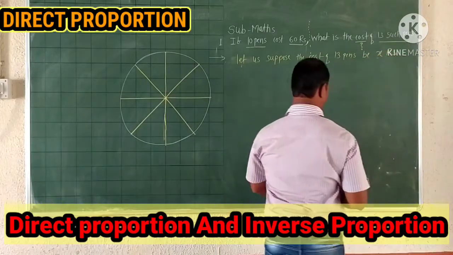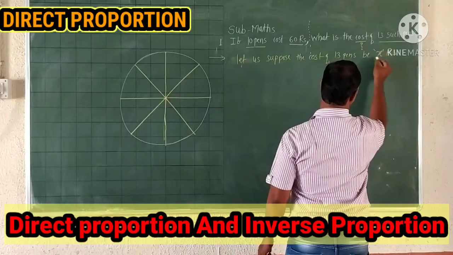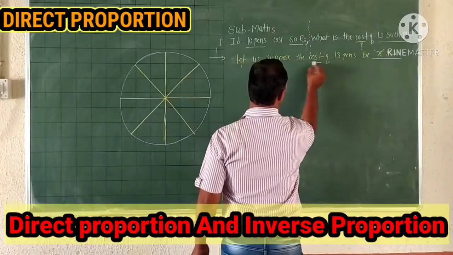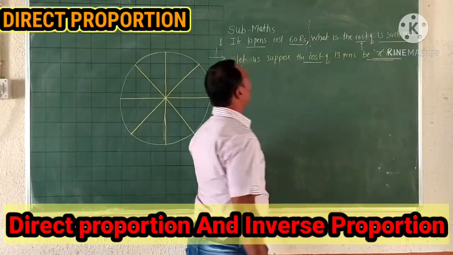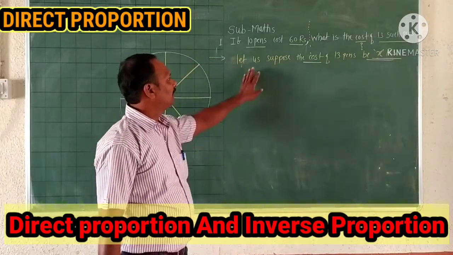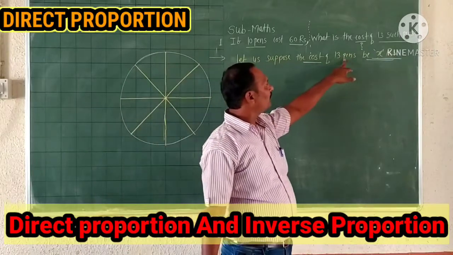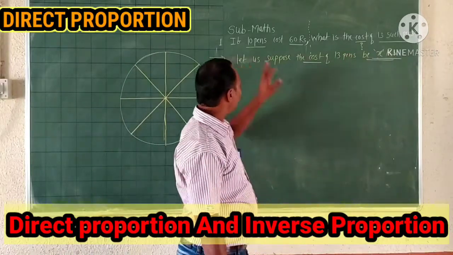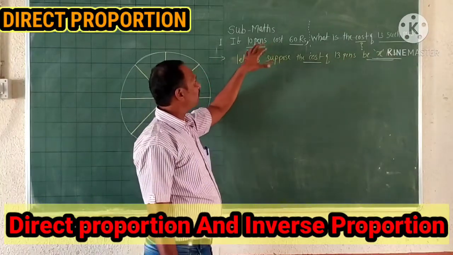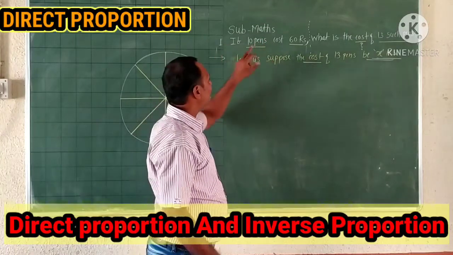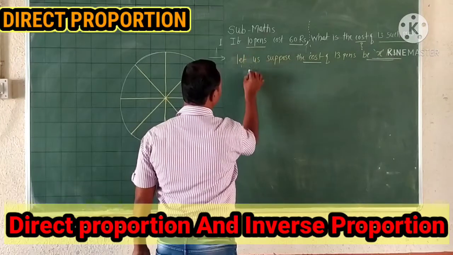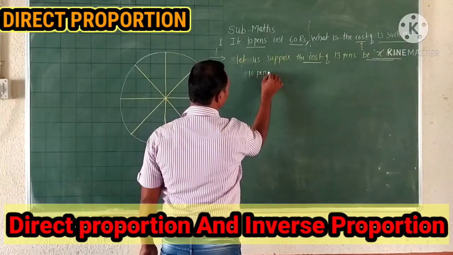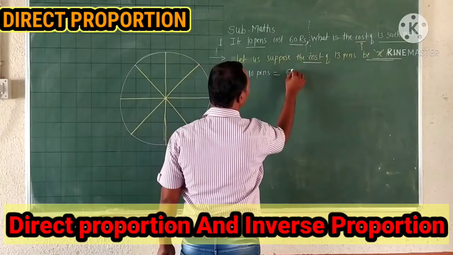What is X rupees? This is the first and this is the second. Let us suppose the cost of how many pens? 13 pens is X. Then we will again write the first statement. In the first statement, you have the quantity 10 pens. Right? How many? 10 pens have 60 rupees.